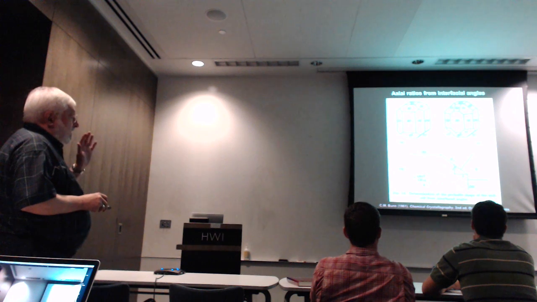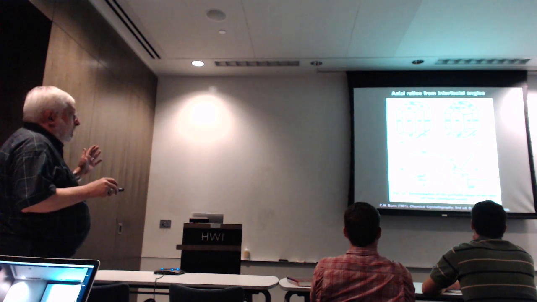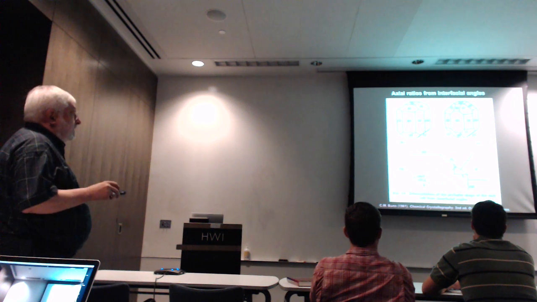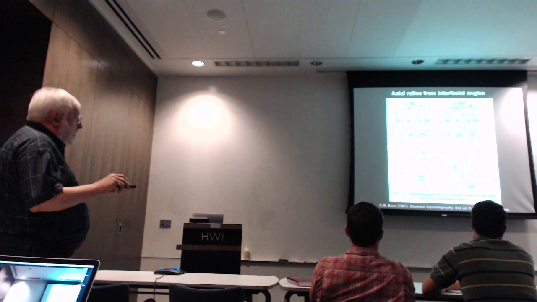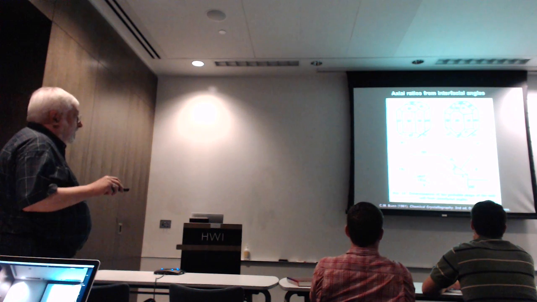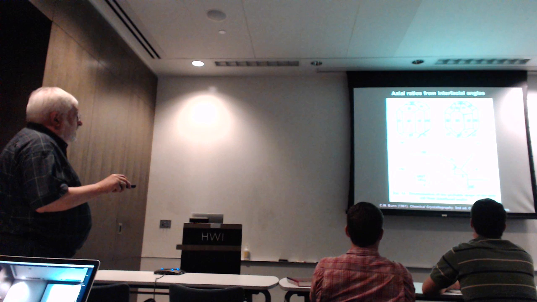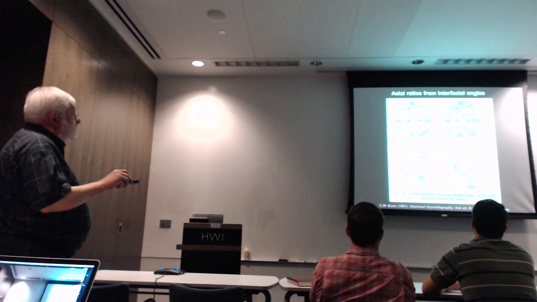Can't deduce the absolute lengths because we're looking just at the interfacial angles. But we can get the ratio of B to C and A to B and so on. So we can get relative lattice dimensions.